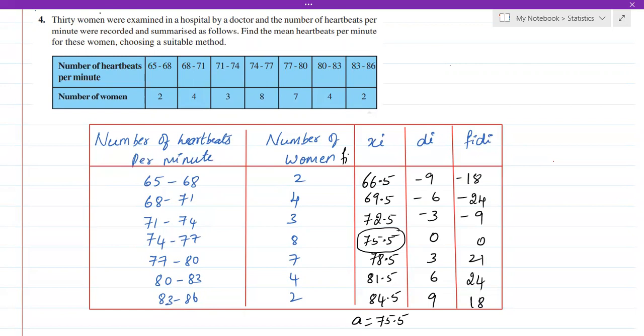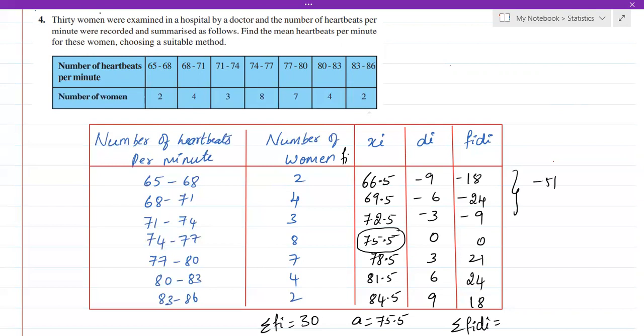Now summation fi. As you can see in the question itself, total 30 women, right? So if you add this column also, you get 30 itself. Then summation fi di. Let's add everything, all the negatives. Minus 18, minus 24, minus 9. So we get minus 51.